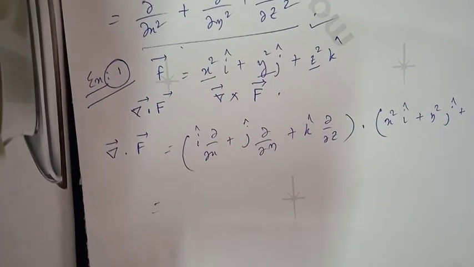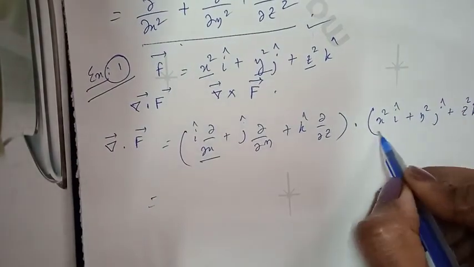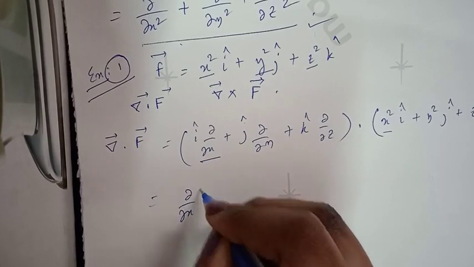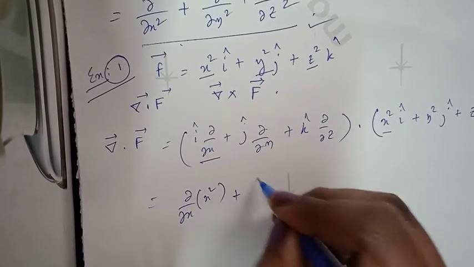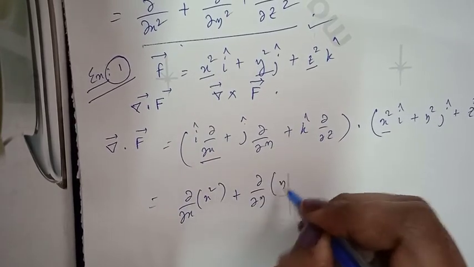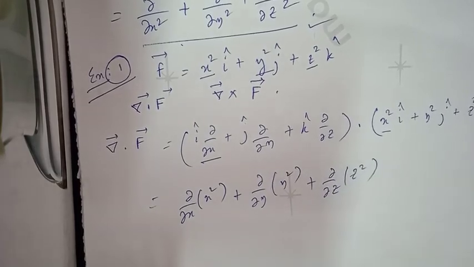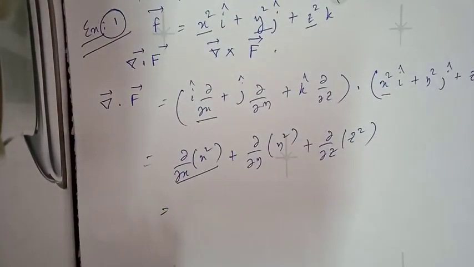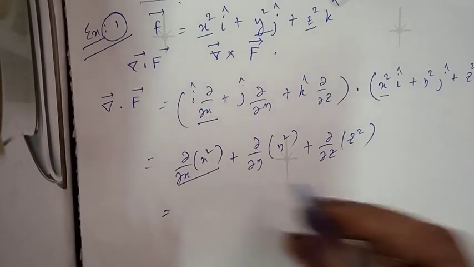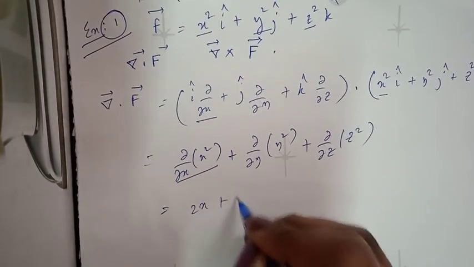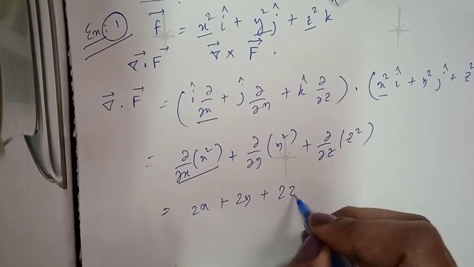Find the dot product. This del x into x square means del x of x square because it's an operator, del y of y square plus del z of z square. It's a first order partial derivative, that will be 2x plus 2y plus 2z.